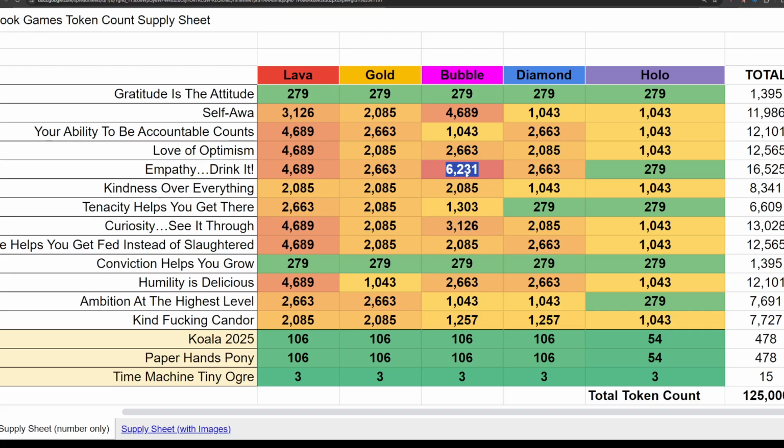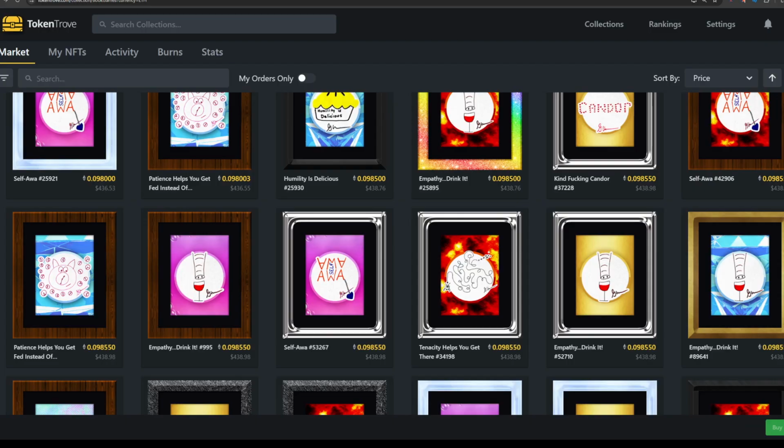One of the largest, if not the single largest category of the least rare tokens. 6,231 in Bubblegum Empathy. Empathy Bubblegum, out of 16,525. Let's check it out.